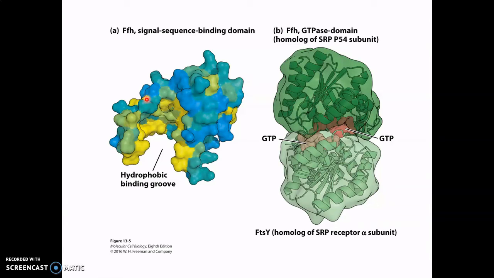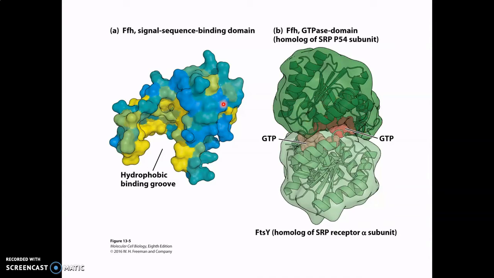The added relationship that we have here is when this hydrophobic groove is bound to a target receptor sequence, the GTP binding site is open. When it's not bound to it, it cannot bind GTP.